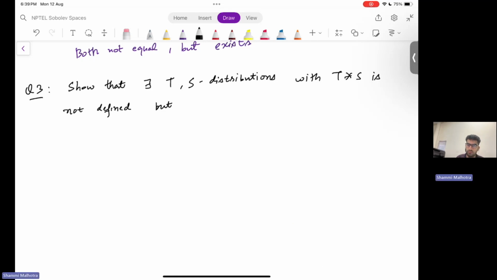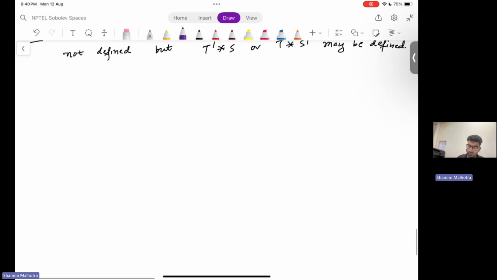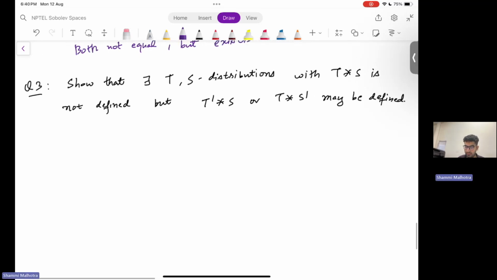but T dash convolution S or T convolution S dash may be defined. So to show this, generally as a rule of thumb, we start with very basic functions.